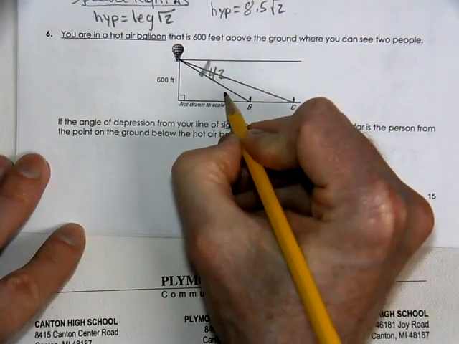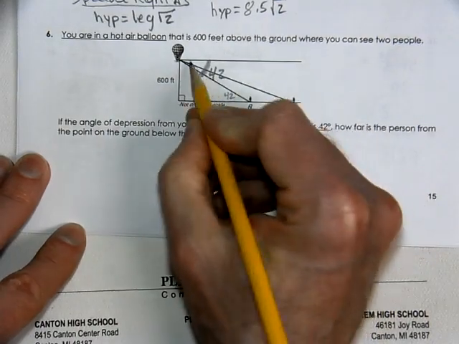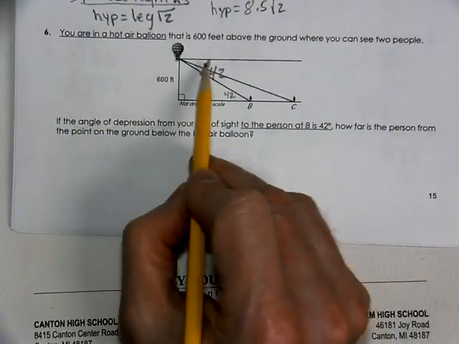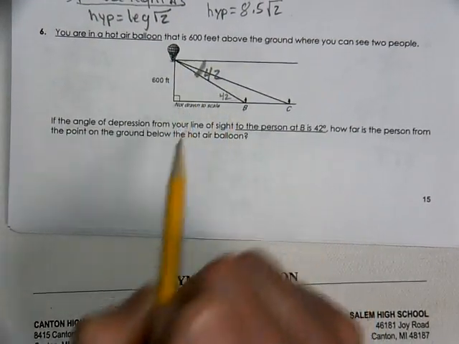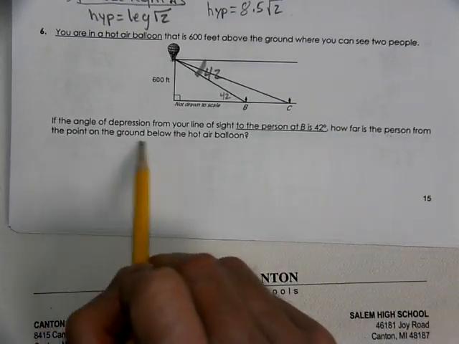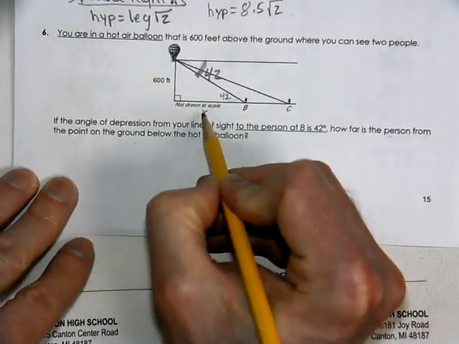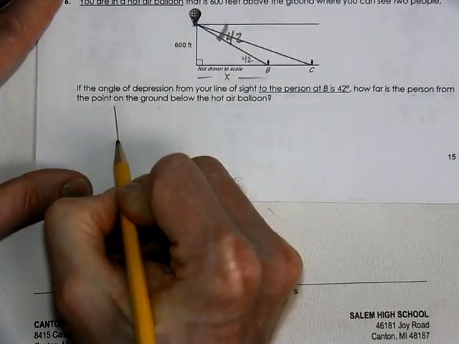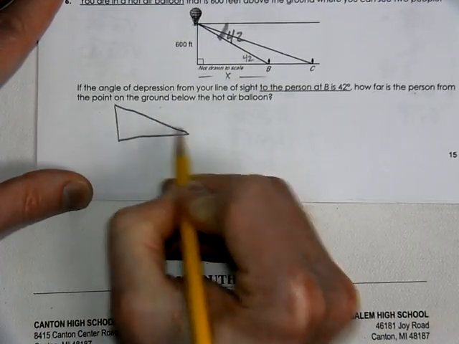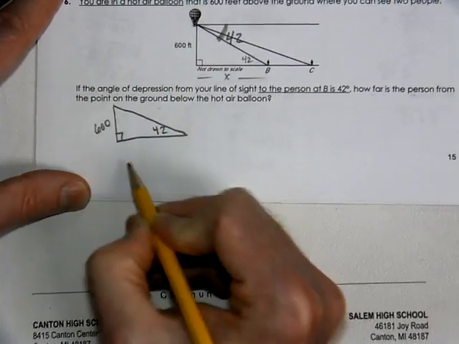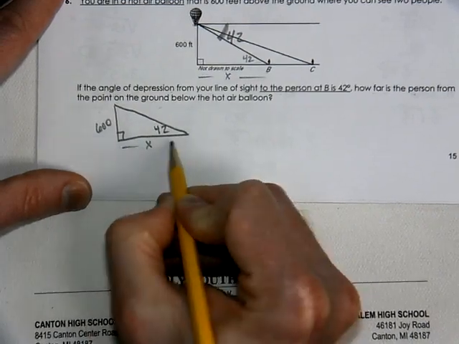That means the acute angle, the alternate interior angle, is also going to be 42. We want to know how far is the person from below the hot air balloon. We want to know that distance. So if I was to redraw this, I have 42, I have 600, and I have my unknown.